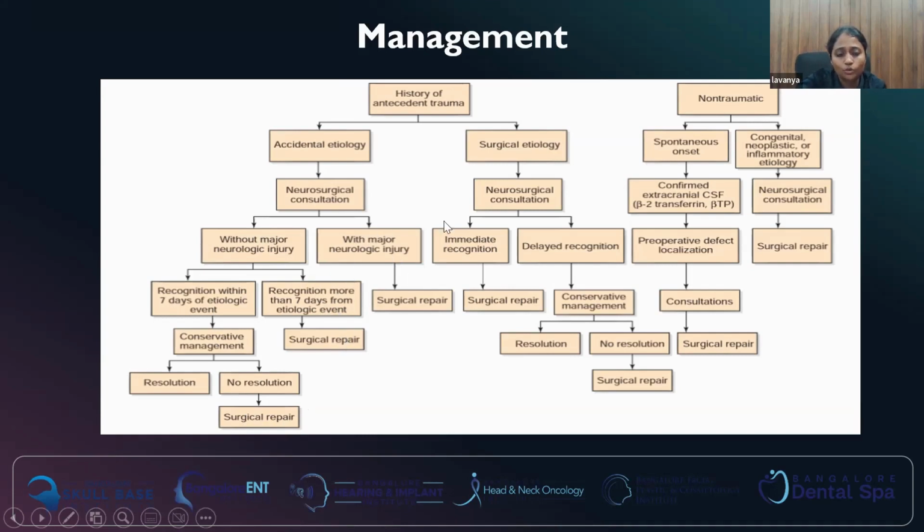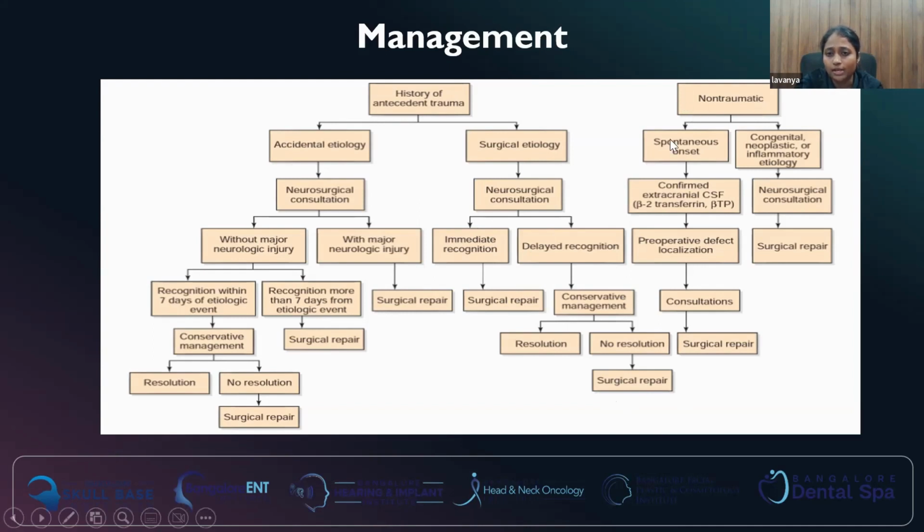If there is major neurological injury associated with the accidental etiology, then the choice is surgical repair. If it is iatrogenic because of surgical etiology, then if we recognize it immediately, we definitely have to go for surgical repair at the time of recognition. If it is a delayed recognition, then we can try conservative management, and if no resolution, then go for surgical repair.